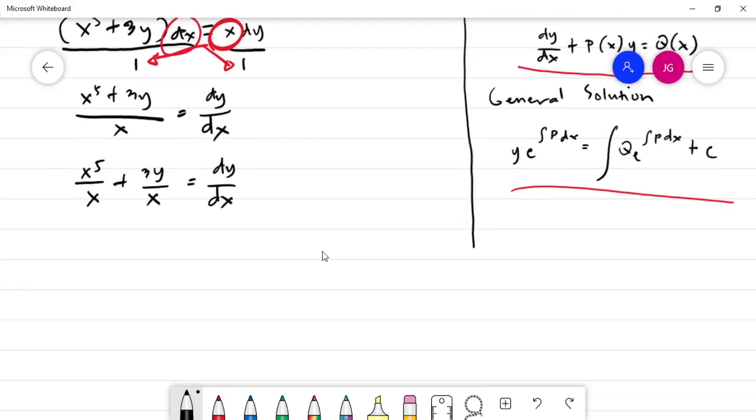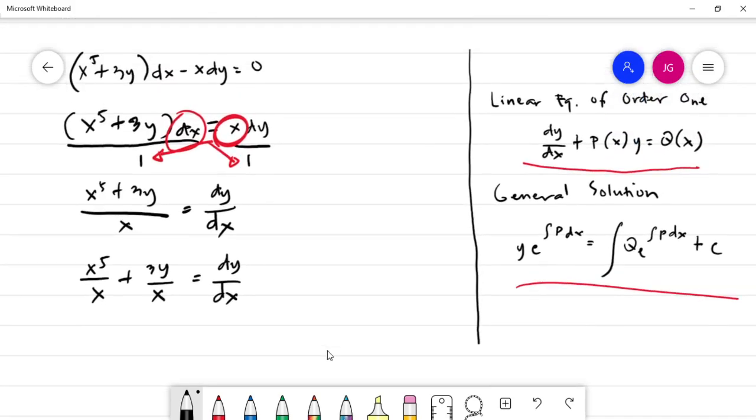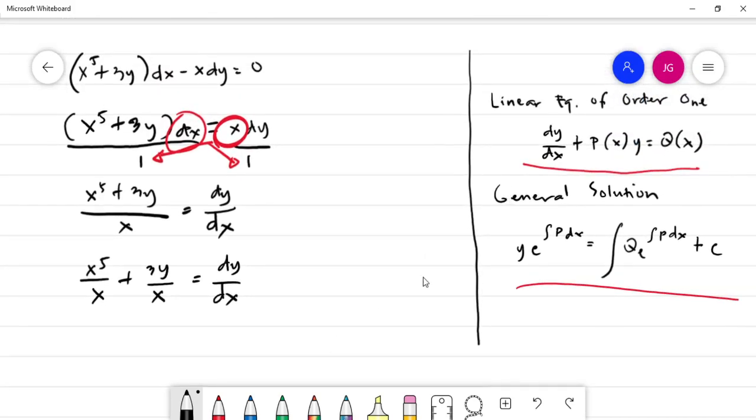Okay, so we are almost there with the equation on the right side. So to come up with p of x, it becomes 3 over x y, then q of x is x raised to 4, then dy over dx.